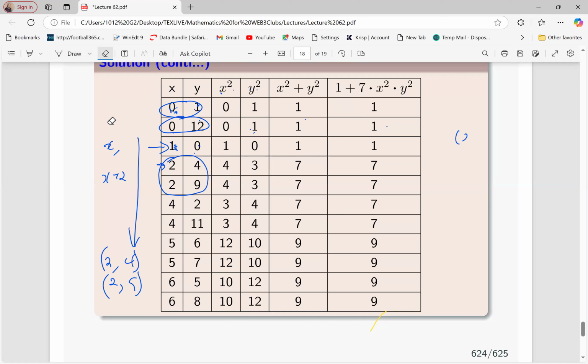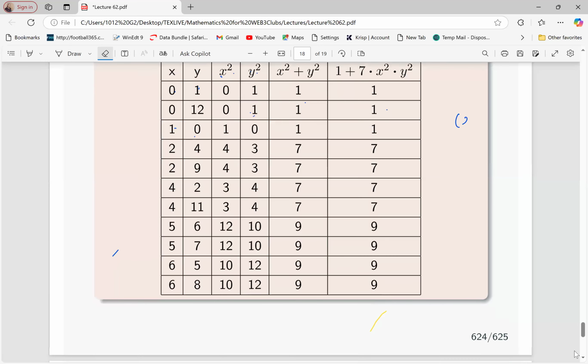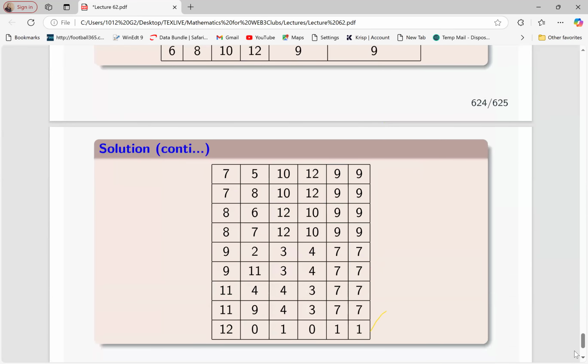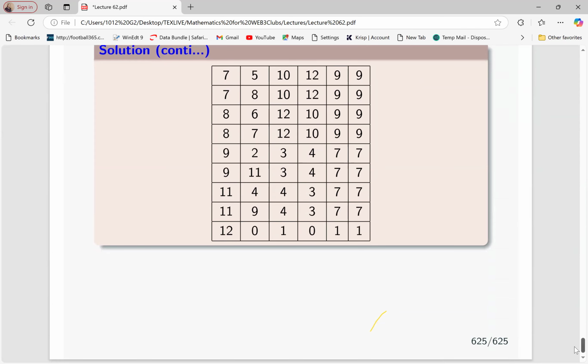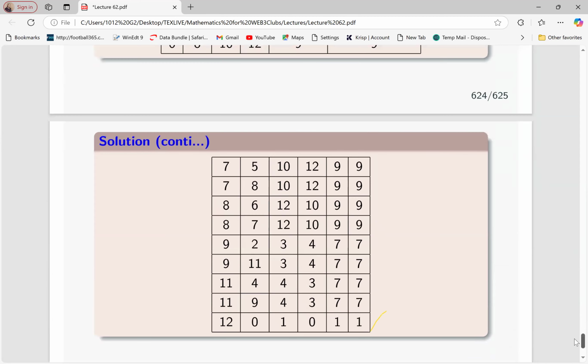Just pick one x value, try all the y's. Once you are done, pick the next x and try all the y's. And once you are done, pick the next x and so on until you exhaust all the values of x. When you do that, this becomes the solution. So that one is an assignment. You try and do that program.